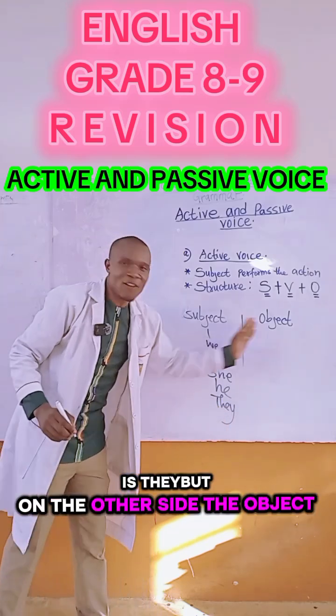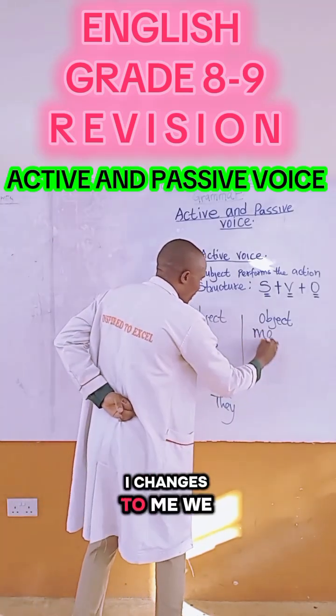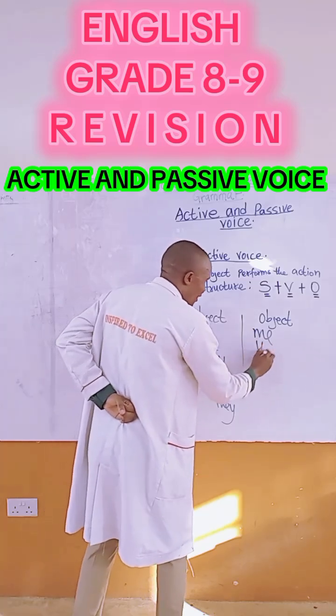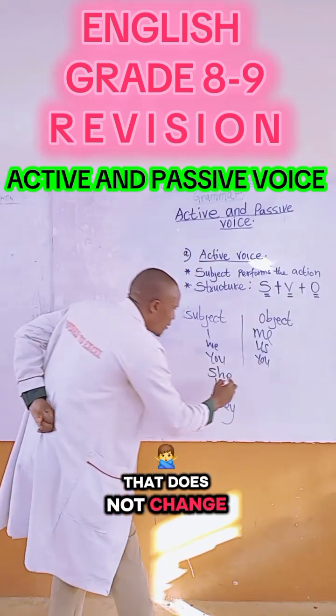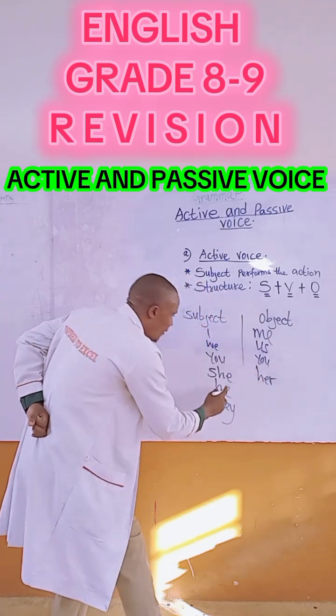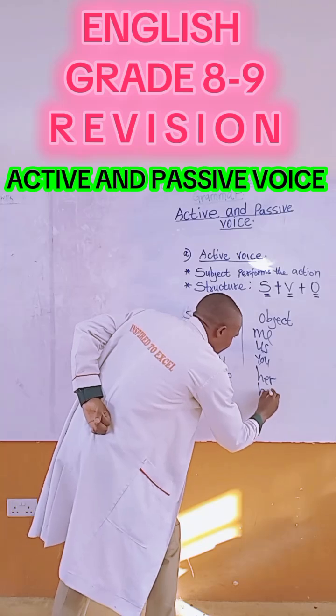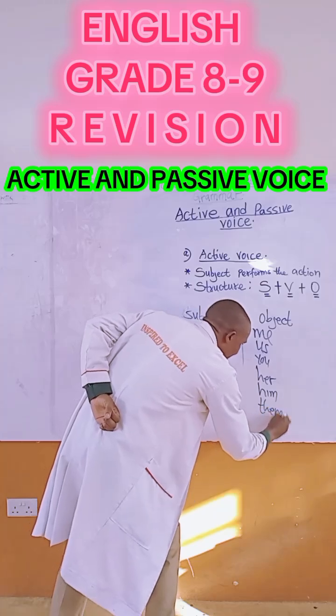But on the other side, the object, I changes to me, we, us, you still remains. That does not change. She, her, he, him, they, them.